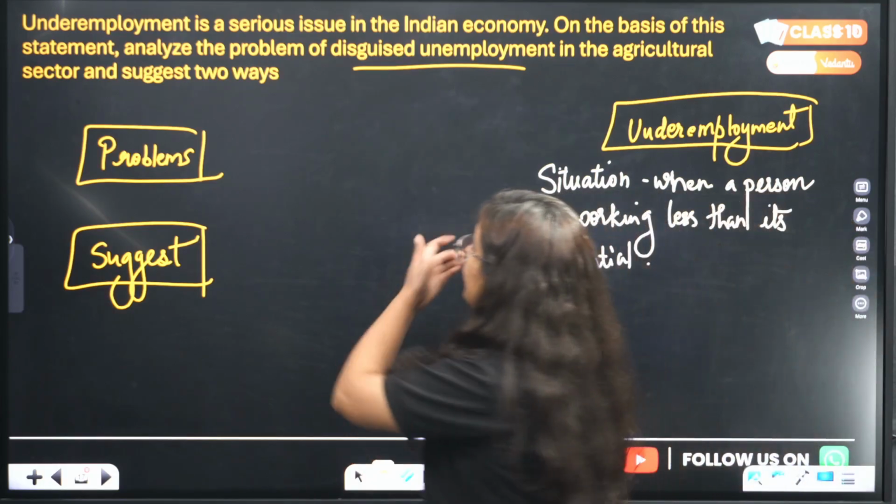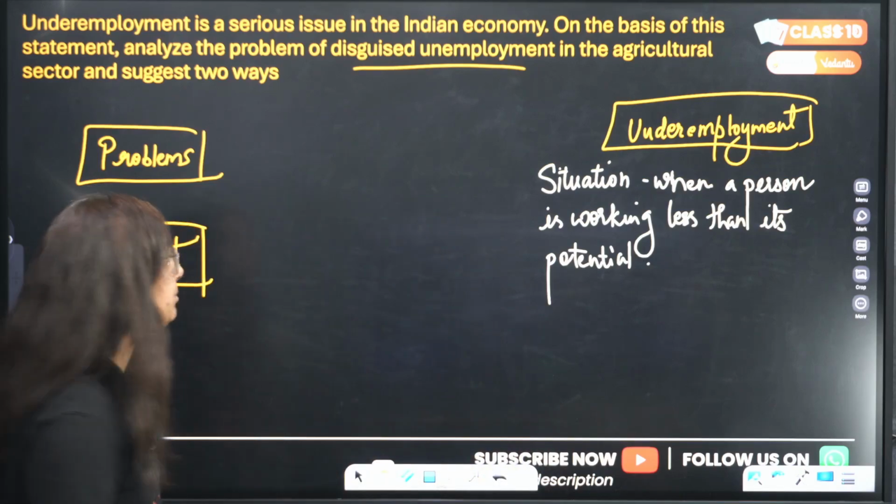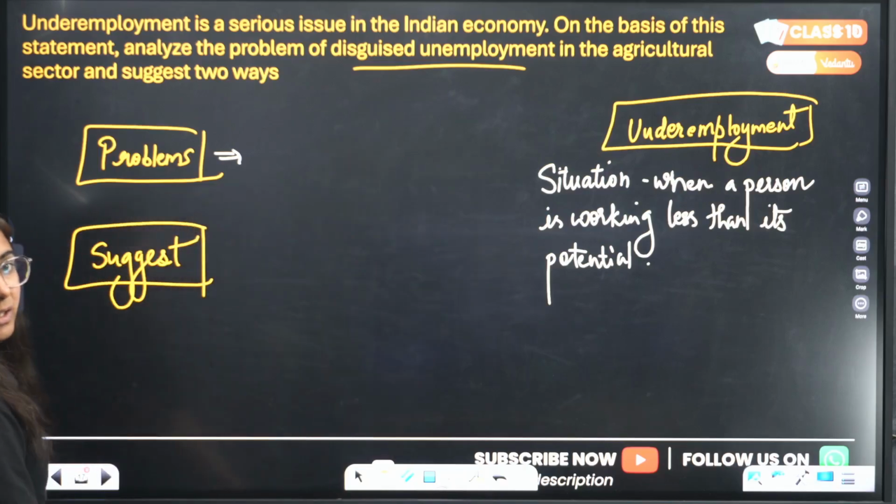Now how does it create the problem of disguised unemployment? Disguised unemployment is underemployment, right?